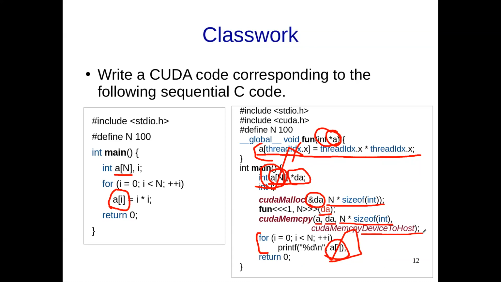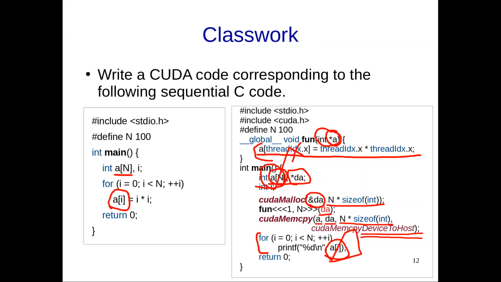Since the direction of transfer could be from CPU to GPU as well as GPU to CPU, in this case, I mentioned device to host. Device is GPU, host is CPU. And I am going to transfer n into size of int number of bytes from DA to A, from GPU to CPU, from device to host, and therefore now A contains all the squares.